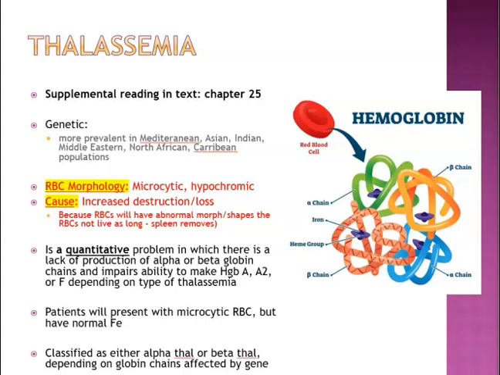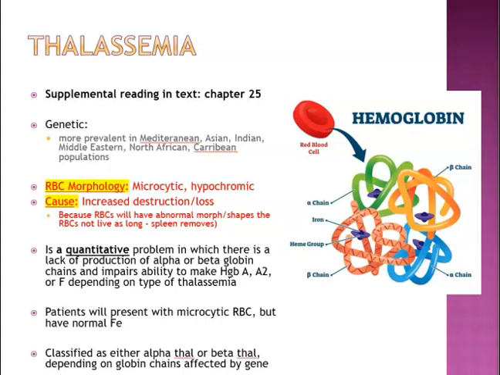With thalassemia, we've got a quantitative problem because we're completely lacking a chain. It's a lack of production of one of the chains. It's not just a structural problem with the chain. So that's the difference between our thalassemias and our hemoglobinopathies.